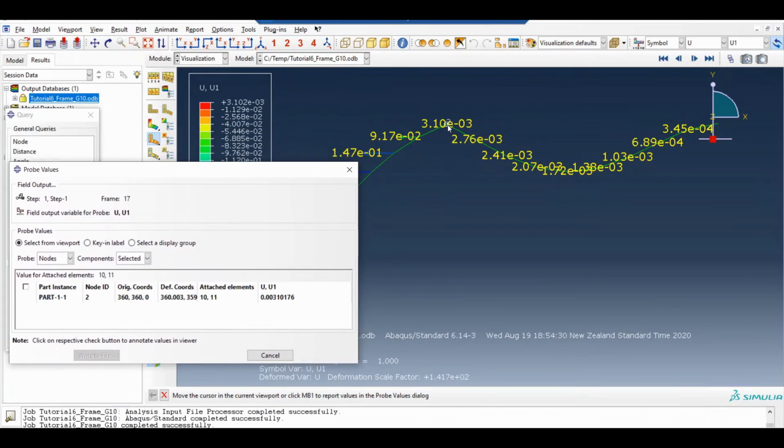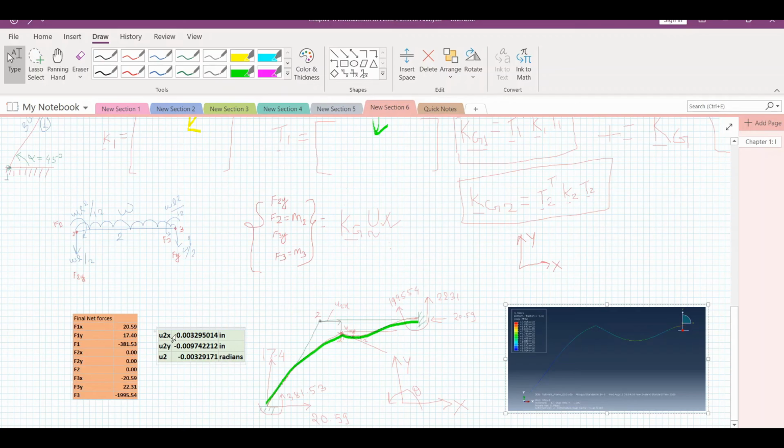So it's this one here, right? Yep. If you click on this one, this is the solution that we are getting, 0.003 inches. Now let's look at the given solution, 0.0033 inches, which is very close.